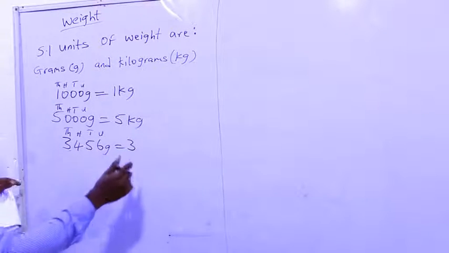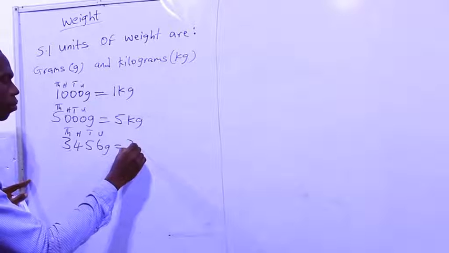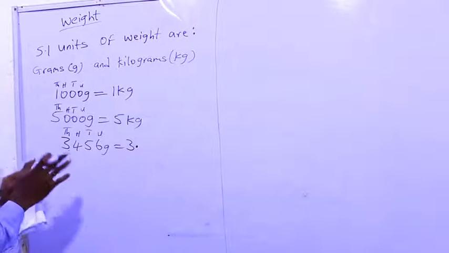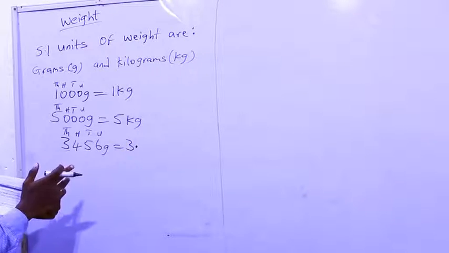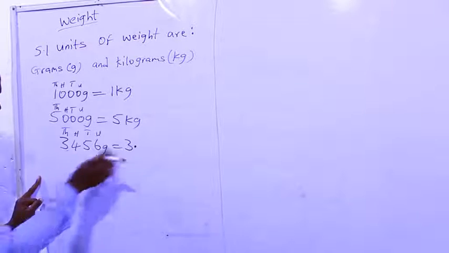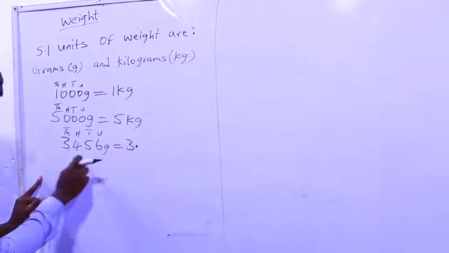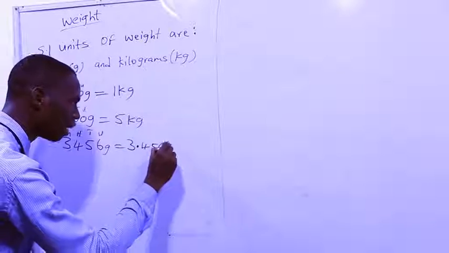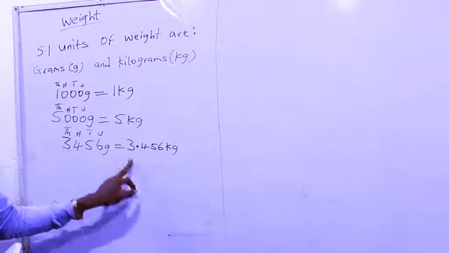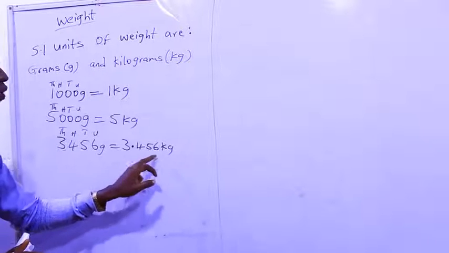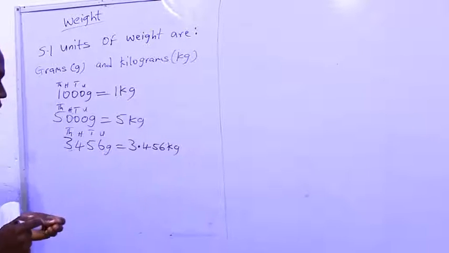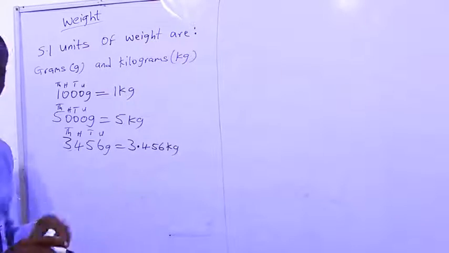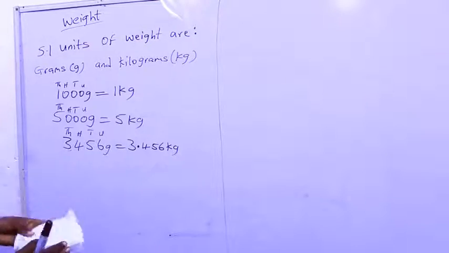In order to write this, I put a decimal to separate, they are no longer a whole kilogram. I put decimal, that is fraction, 456. That is 3.456 kilograms. That is how to convert it.